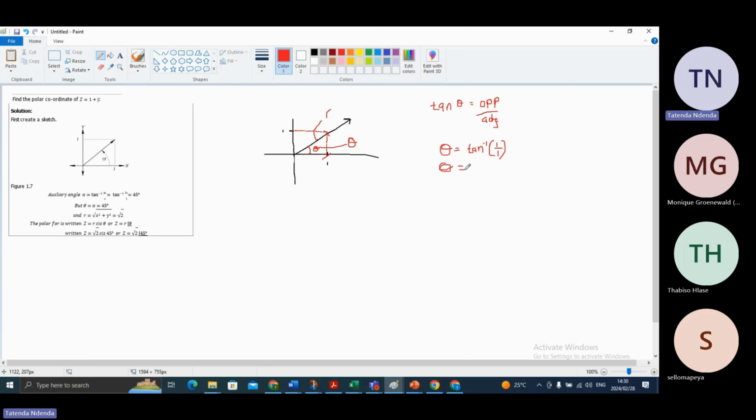If you punch it in the calculator, what is tan inverse of 1? Do we have calculators, guys, or are we still to buy? We have calculators.